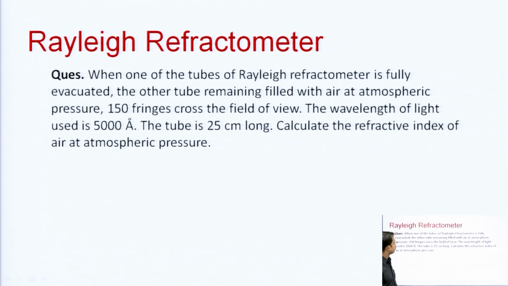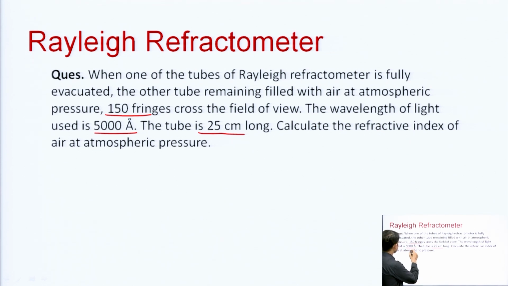So, a problem for finding the unknown refractive index. When one of the tubes of Rayleigh's refractometer is fully evacuated, the other tube remains filled with air at atmospheric pressure. 150 fringes cross the field of view. The wavelength of light that is used is 5000 angstrom. The length of tube is 25 centimeters. Now, we have to calculate the refractive index of air.